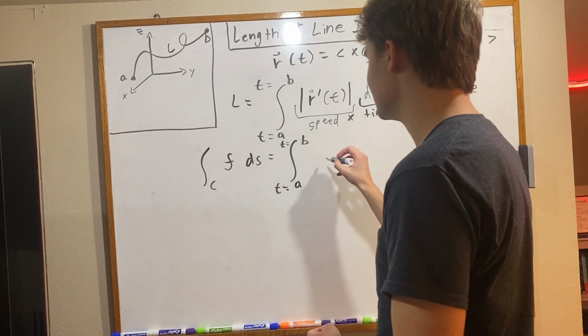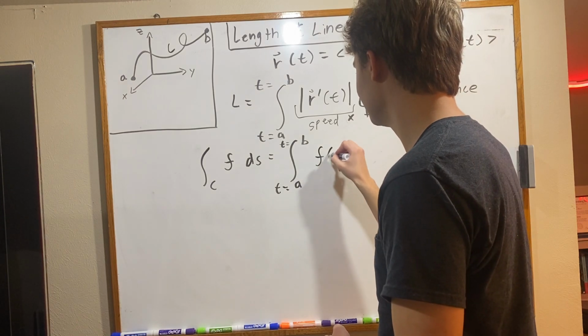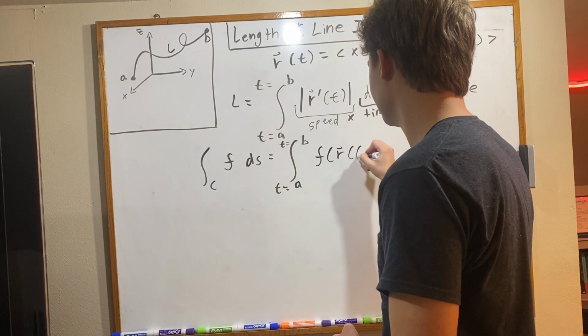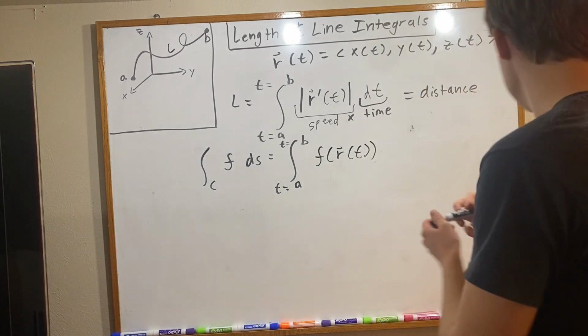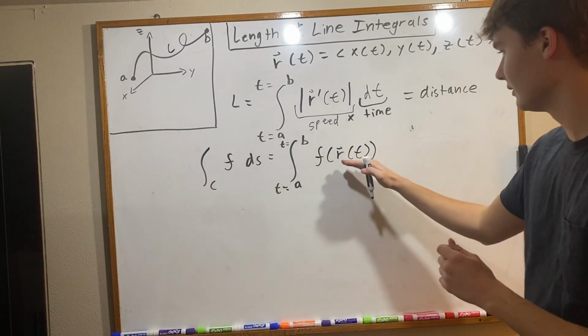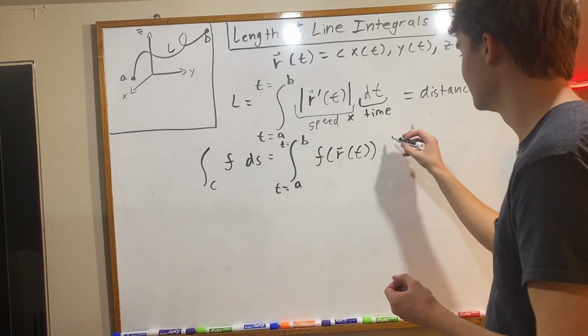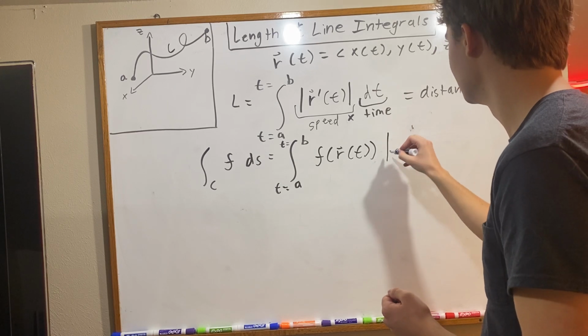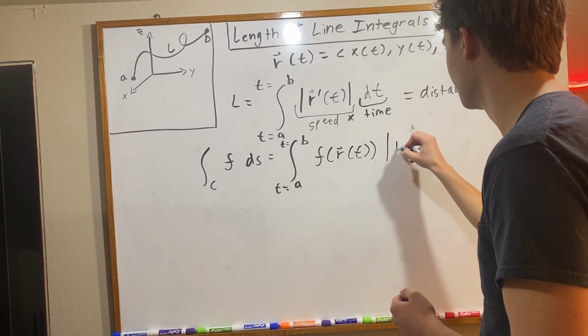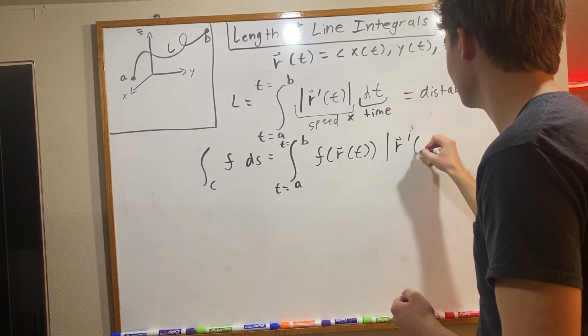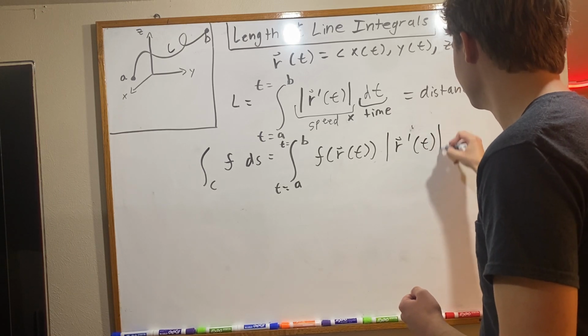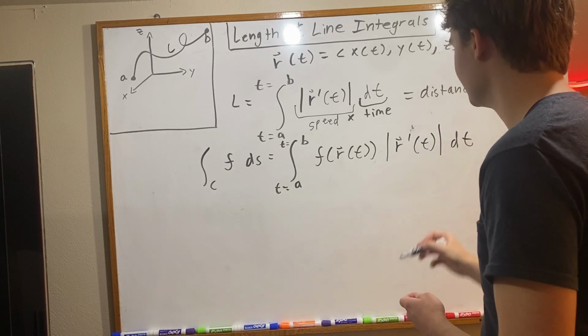So we take f at r of t, multiplied by the distance, the magnitude of r prime of t, dt.